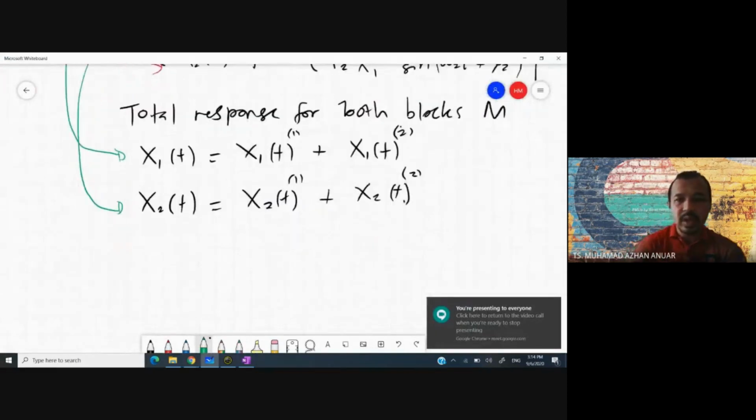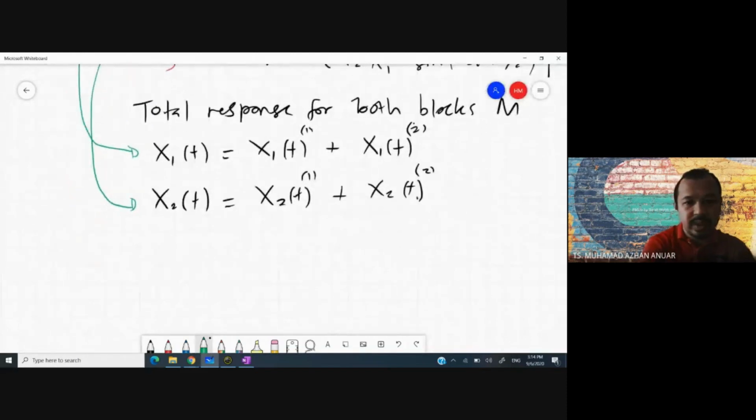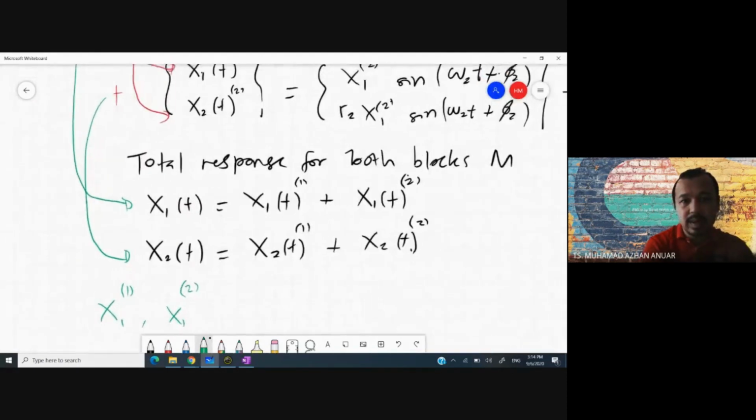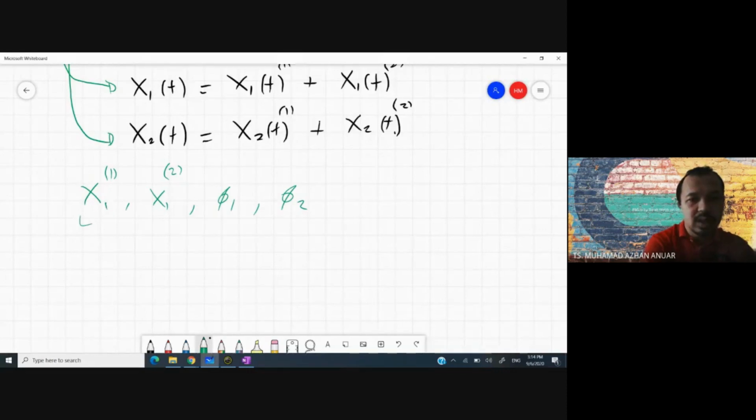So we have 4 unknowns here. If you look at this equation, we have 4 unknowns. We have x1 due to the first, and then you have x1 due to the second. Okay, right? And then you have p1, and then you have p2. So how to get these?